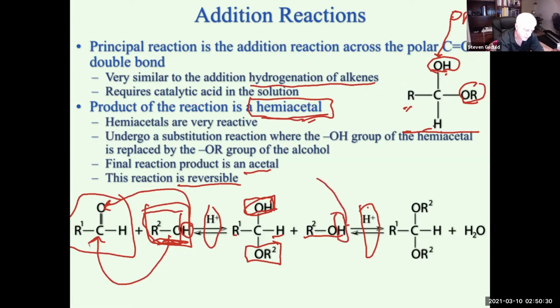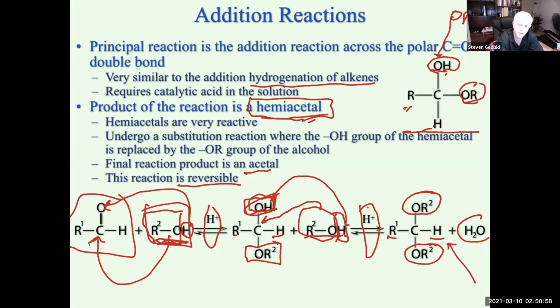The hydrogen reacts with the OH group here to give you water, and this OR attaches to that carbon. So the OH is removed with hydrogen from here to give you water. Water is a very stable component. And then the OR group attaches here to give you an OR here and our OR here. Okay. So you have two OR groups, an R group, and a hydrogen. That's an acetal. If this hydrogen here was an R group, then it would be a ketal.